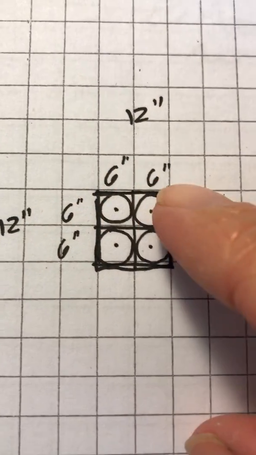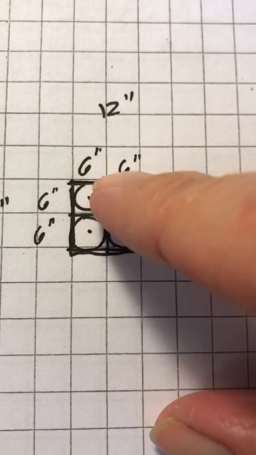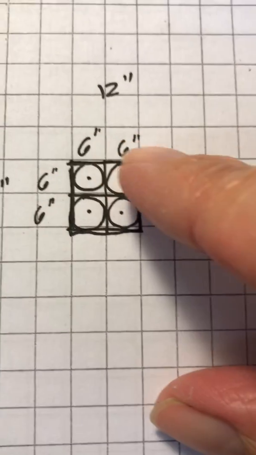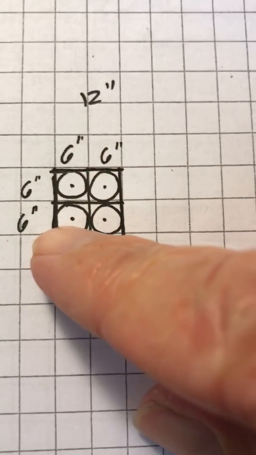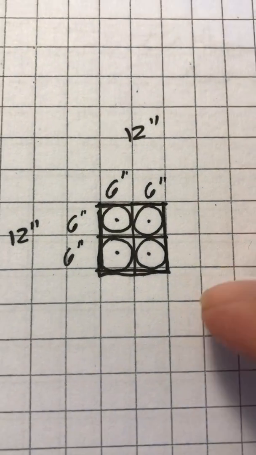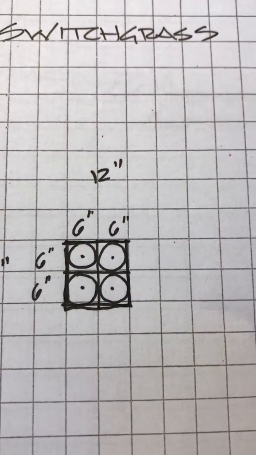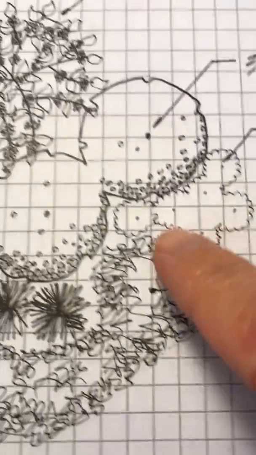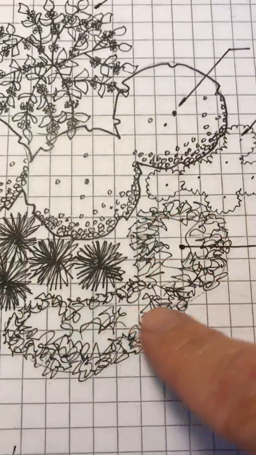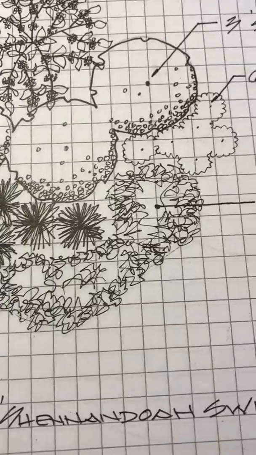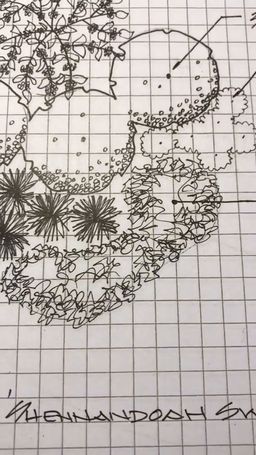So if we take that same square foot, but now we subdivide it, so we've got 6 inches, 6 inches, 6 inches, 6 inches. So it's still the same square foot, but you can see that we could fit in 4 plants per square foot. So you would just come up here and you calculate how big that is in square feet.